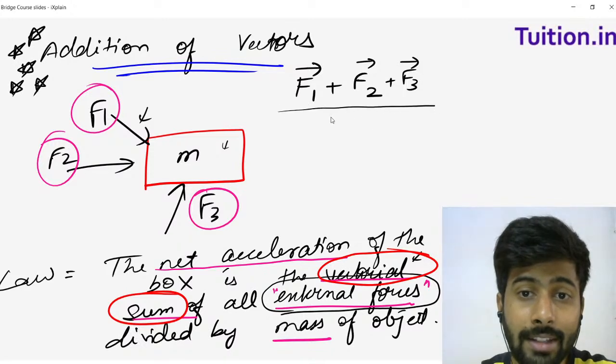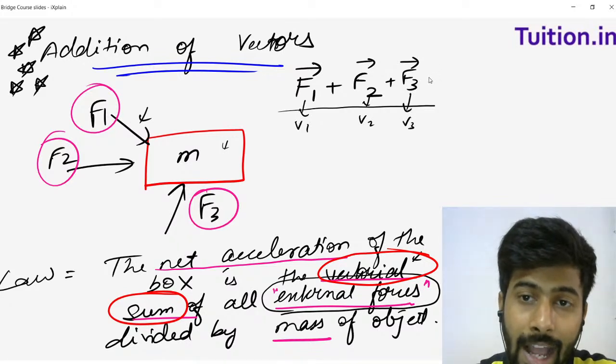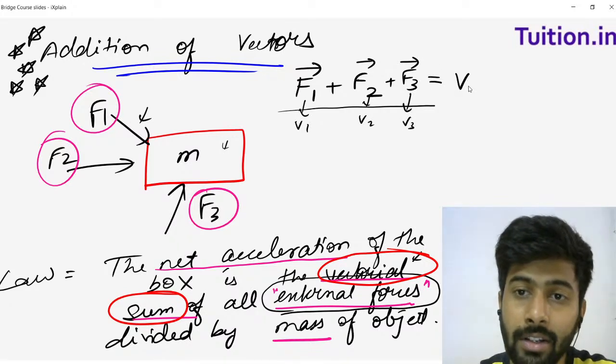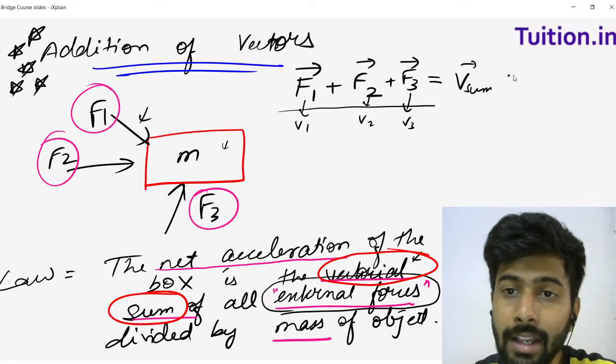And then I'll have to divide this. So this is a vector V1, this is a vector V2, this is a vector V3. When I add these three, I get a new vector V sum, which is my F net.